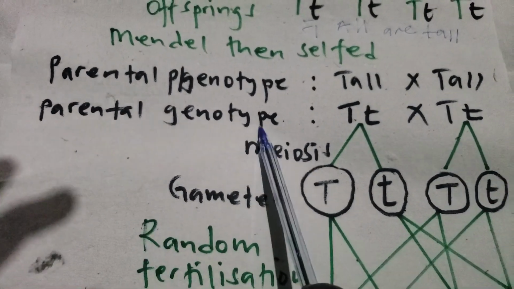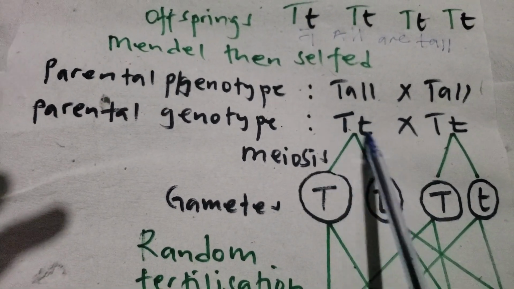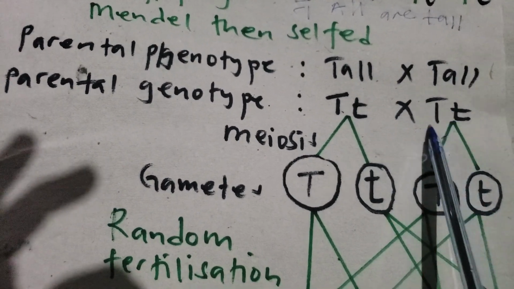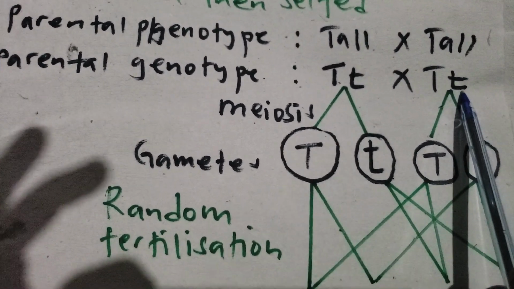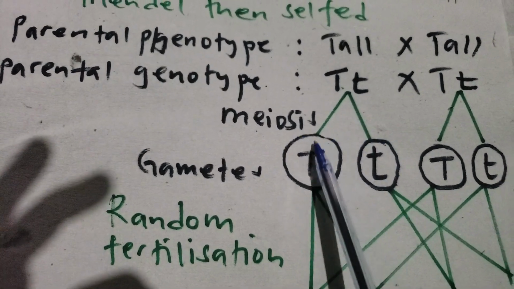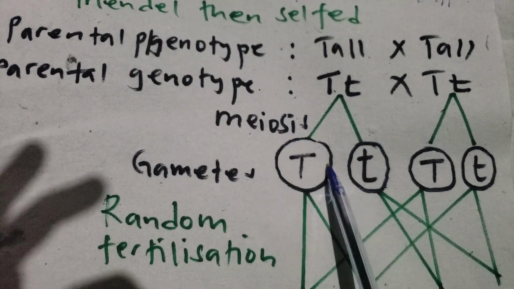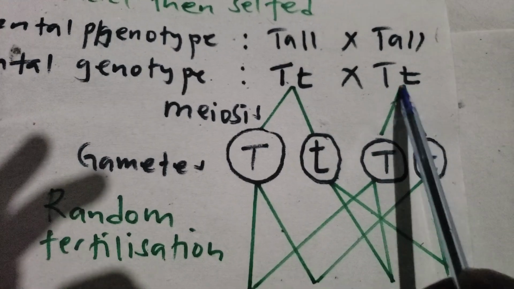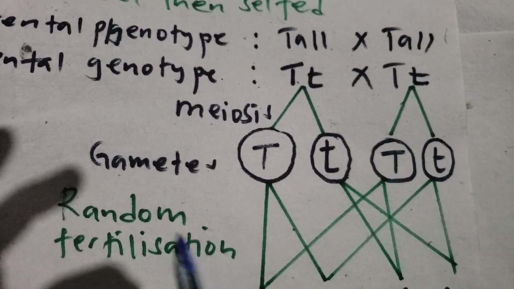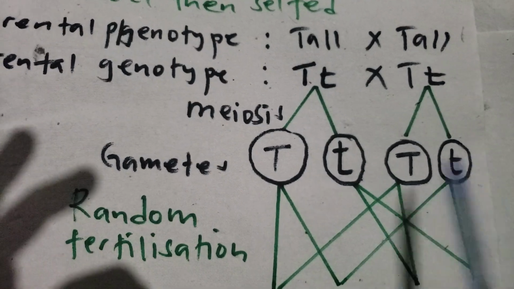Then the parental genotype: capital T small t is crossed with capital T small t. Then here we have meiosis. I have capital T as a gamete in a ring, small t like this, and even this one comes with this one, as you can see there. Then these ones become our gametes.